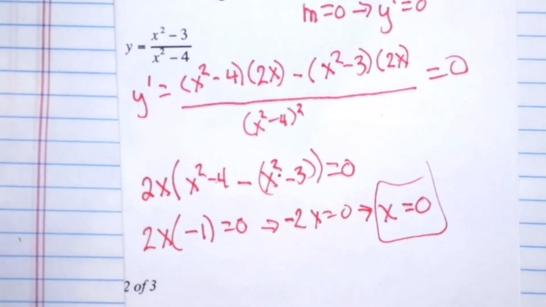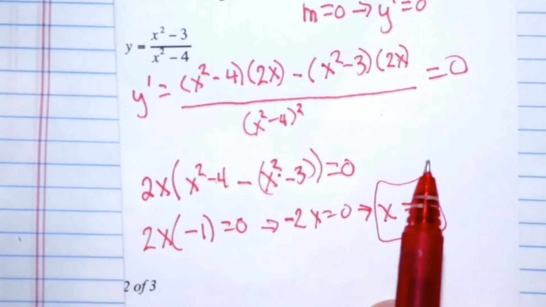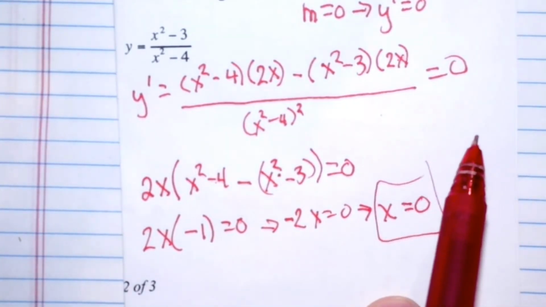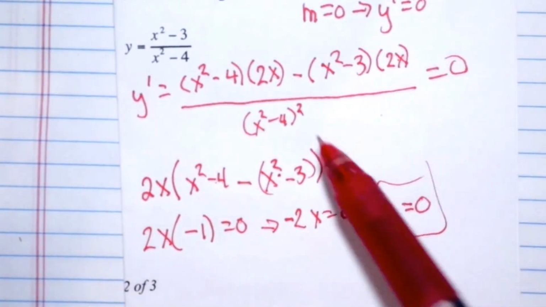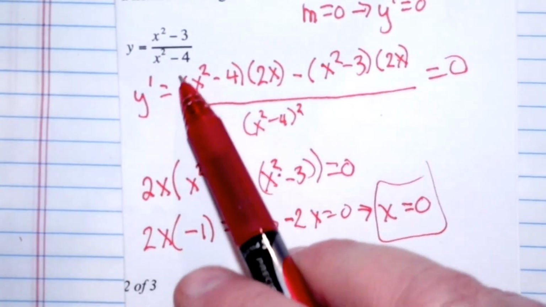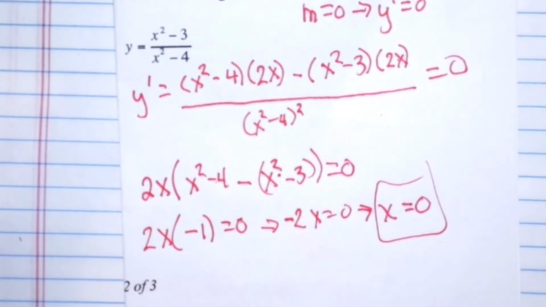One thing I do want to note before we leave the quotient rule is that, unlike the product rule, order is important with the quotient rule. The quotient rule has this subtraction in it, and subtraction is not a commutative operation. If you mix up the order of this pair with this pair, you're going to get the wrong answer.